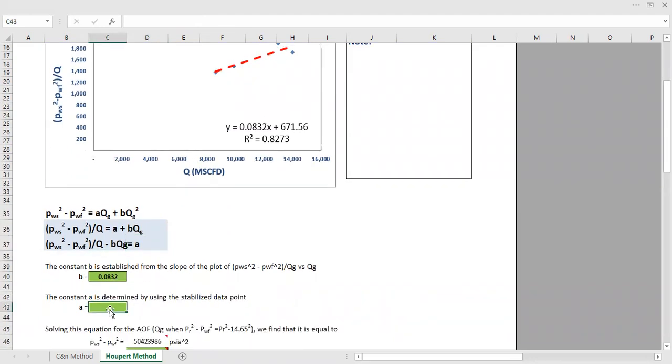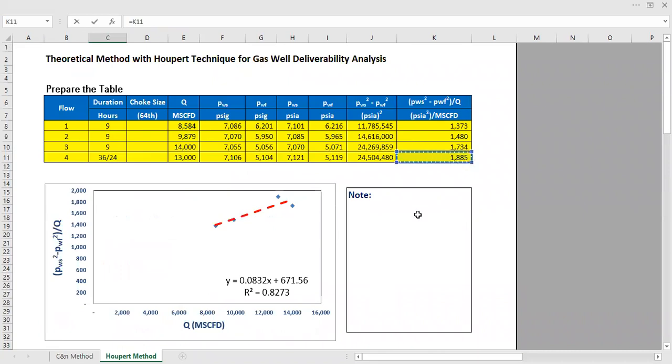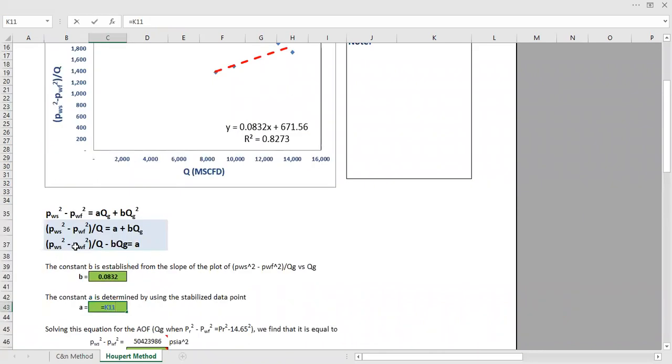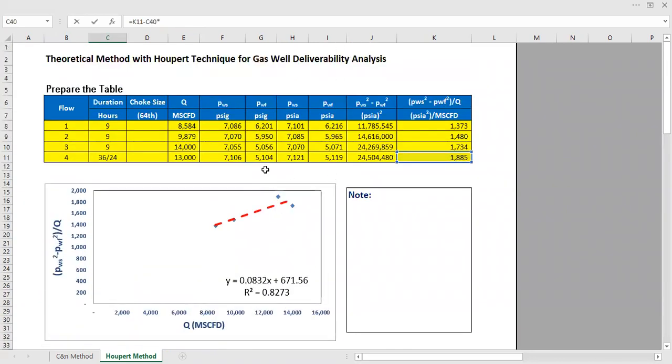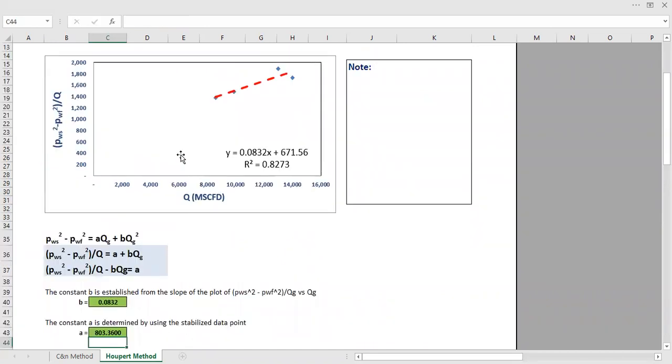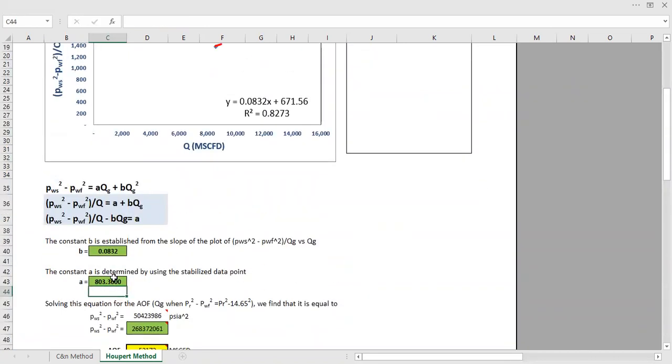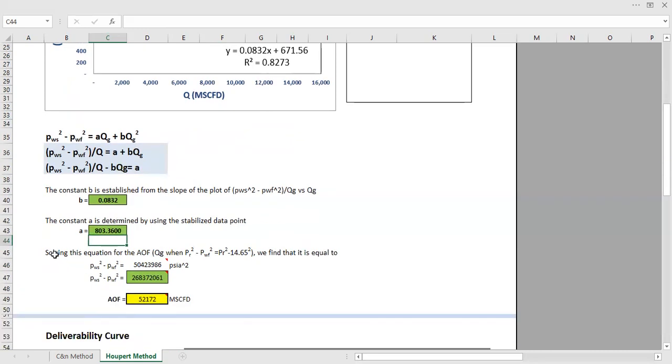So A is this one, minus B multiplied by the flow rate at stabilized step, which is 13,000. Okay, so that's very easy. The constant A is 803.36.